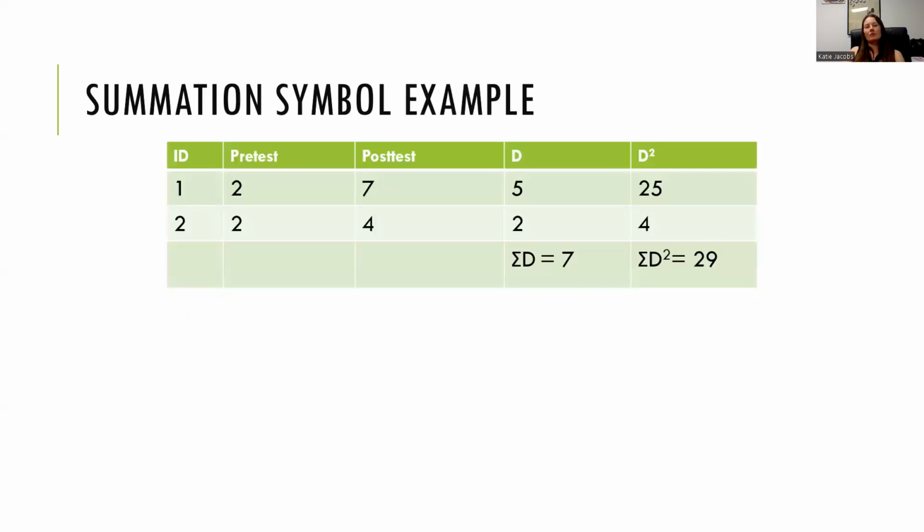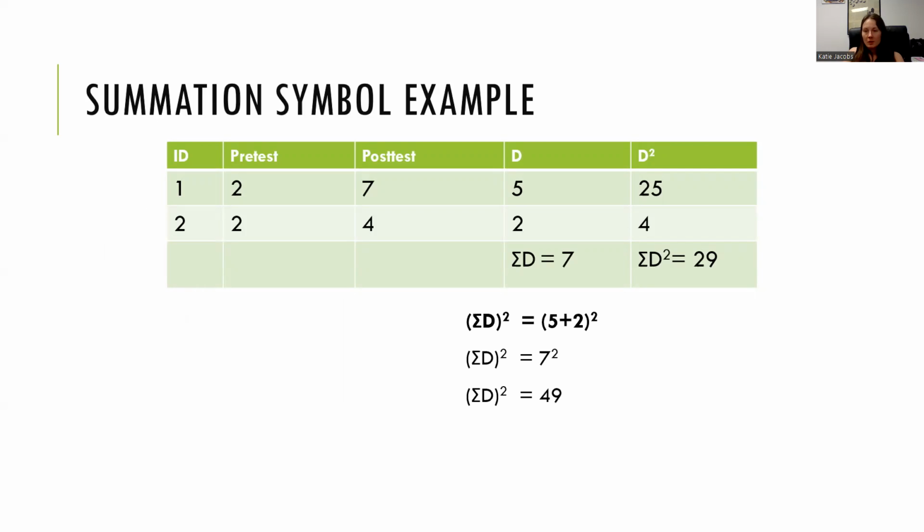So let's practice this. If we look at open parentheses, summation symbol, difference score symbol, close parentheses squared, we're going to go in and find those difference scores, and then we're going to add them up together. We're going to find that sum. Here we see that's 7, and then we're going to square that number, which we find is 49.